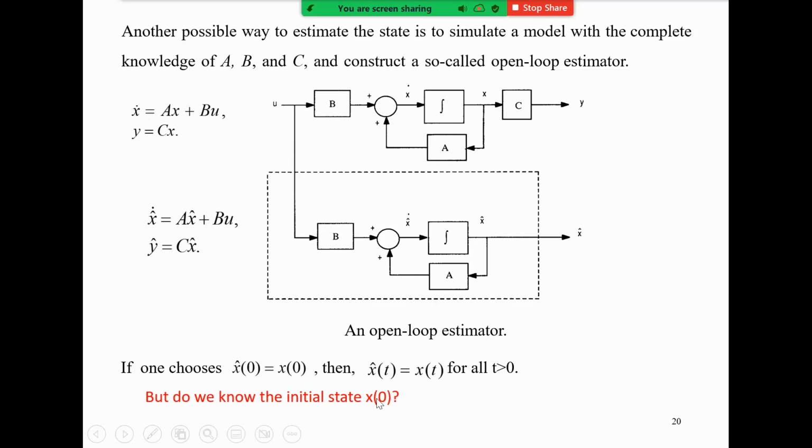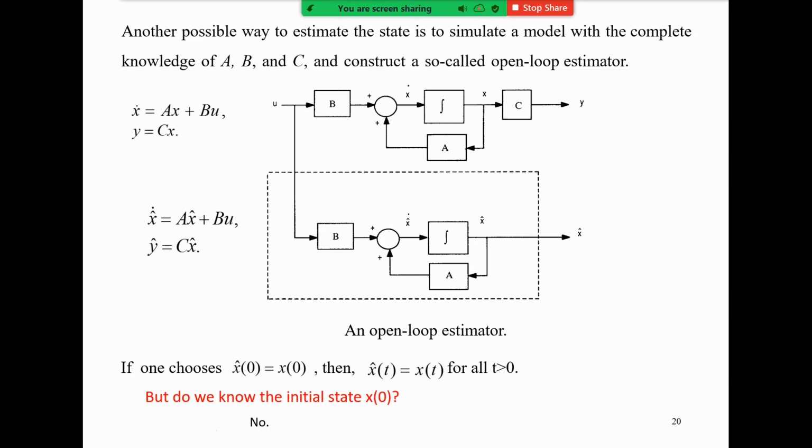We don't know the initial state. What we know is the output. We don't have the information for the whole state vector. Then we have to idealize.